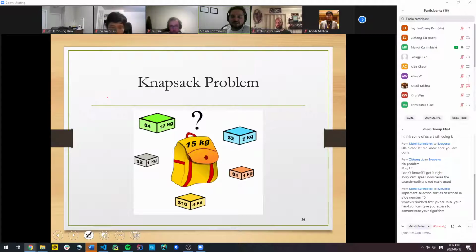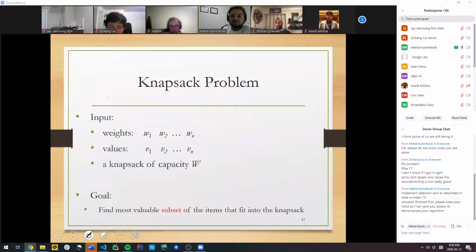We have bricks of 2 kilos and 12 kilos. So our inputs are the weights of the bricks that we want to put into the knapsack, and each of them has a value in dollars. The goal is to find the most valuable subset of the items that fit into the knapsack.